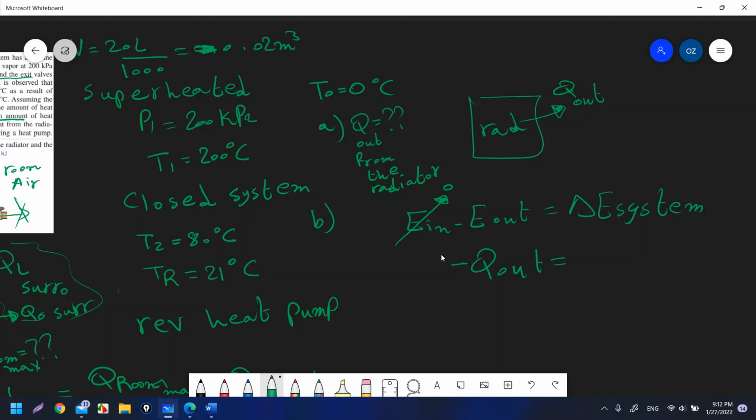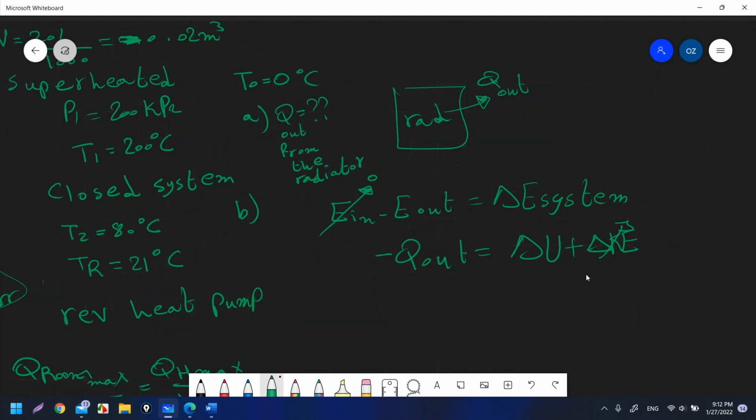Delta E system consists of delta U, delta KE, delta PE, but I don't have delta KE, so it is 0. I don't have a difference in potential energy, it is 0. So delta U, we usually use this one. We have the mass. Actually, we don't have the mass, right? The mass is not given in the question, so we have to find the mass also.